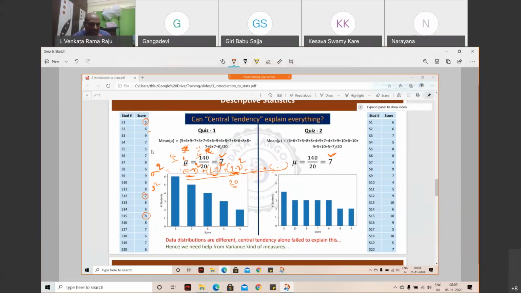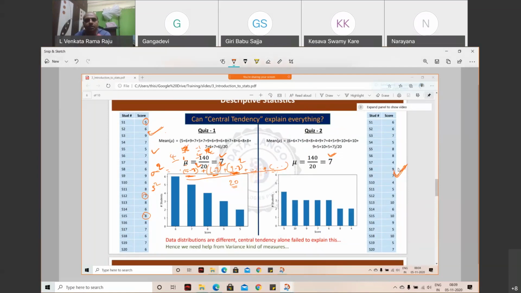On this data, the average squared distance is going to be less compared to this data. Do you agree? If you calculate, the average squared distance of this data is going to be less than that of this data.